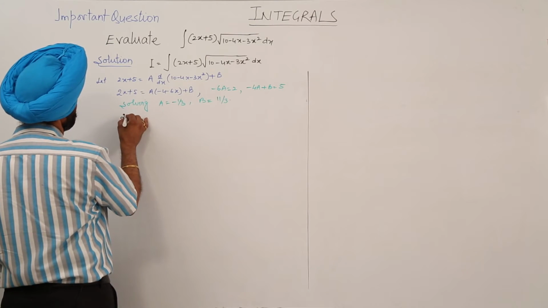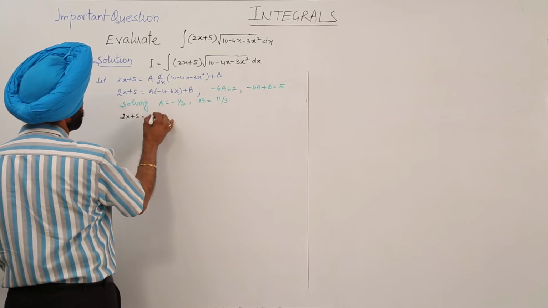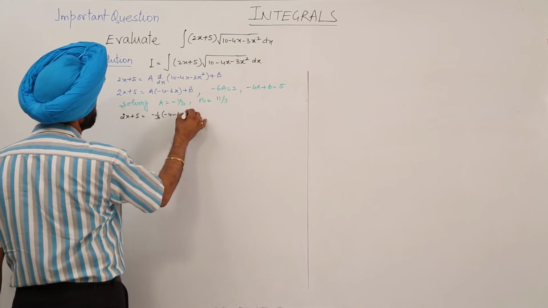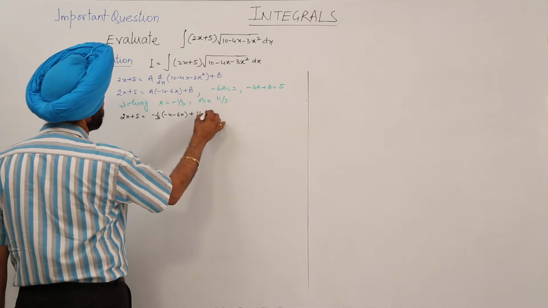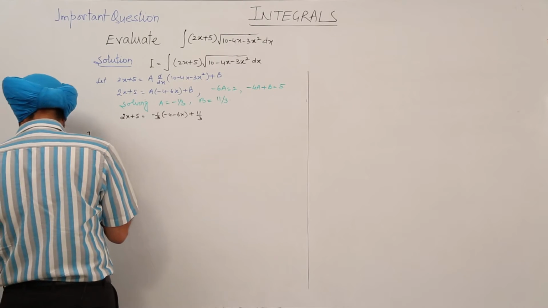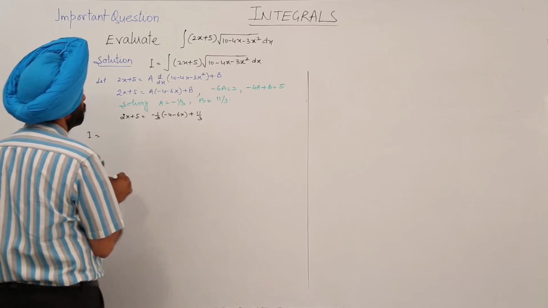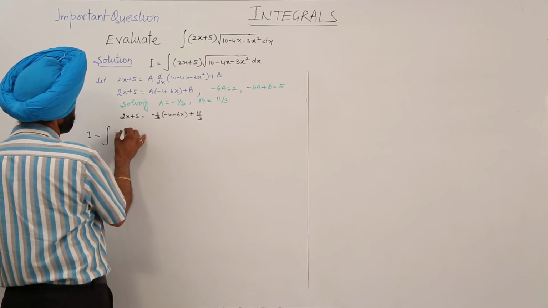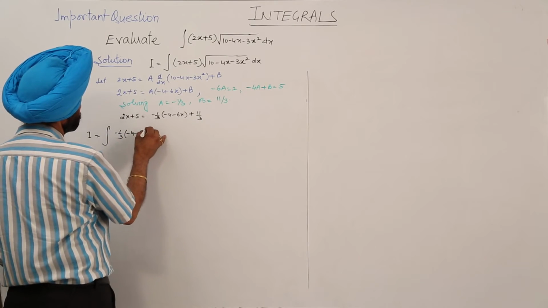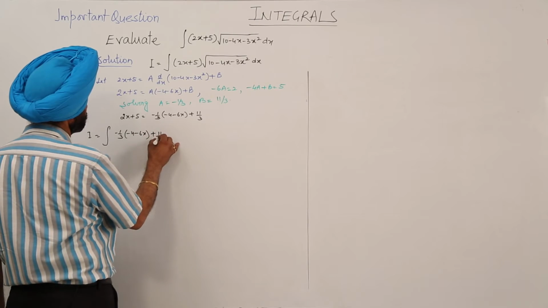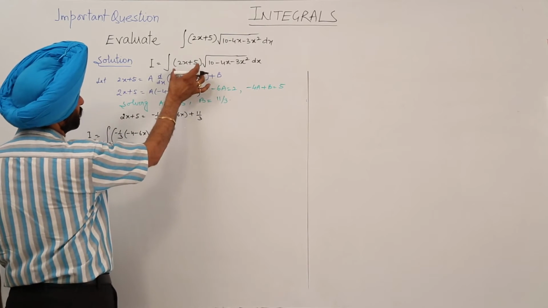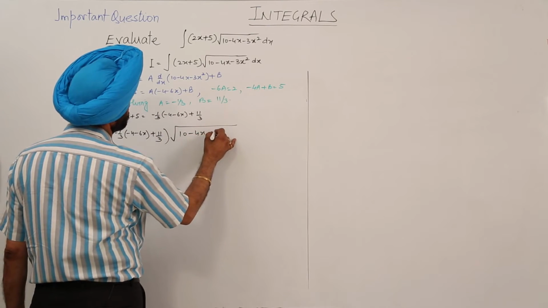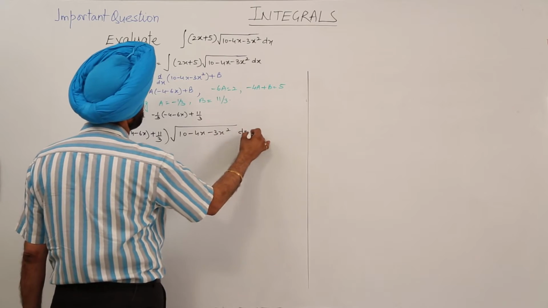Now the question becomes: 2x + 5 is equal to -1/3 (-4 - 6x) + 11/3. Now integration of that over the square root of 10 - 4x - 3x² dx.